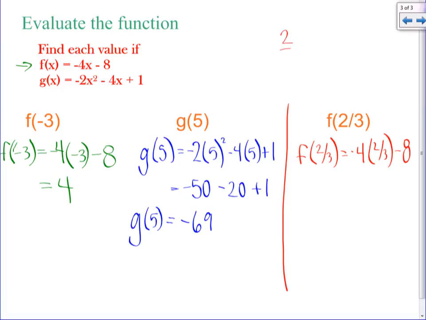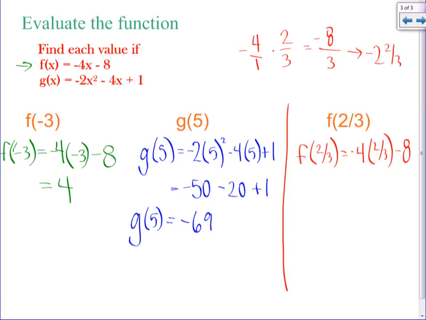So when you take 2/3 and you're multiplying by 4, you're really multiplying by 4/1, right? Do we need a common denominator when we multiply? When do we need a common denominator? Just add and subtract. Okay, so we multiply straight across and we get what? -8/3, which is really what is a mixed fraction?